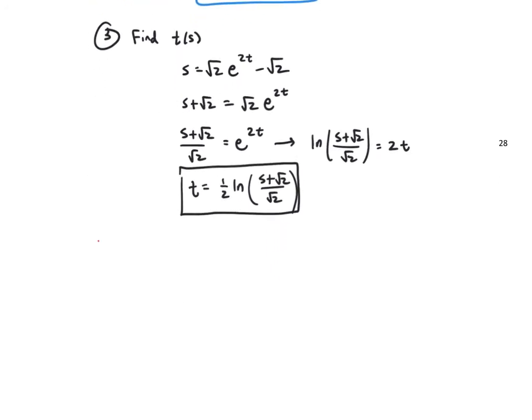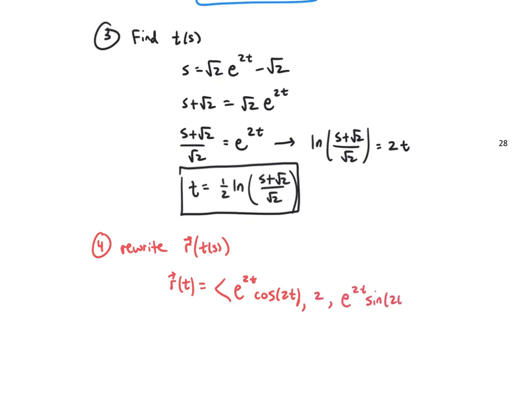So our final step is to rewrite the vector function r of t of s. So change that r of t equation, which was e to the 2t cosine of 2t, and then e to the 2t, and then sine of 2t.